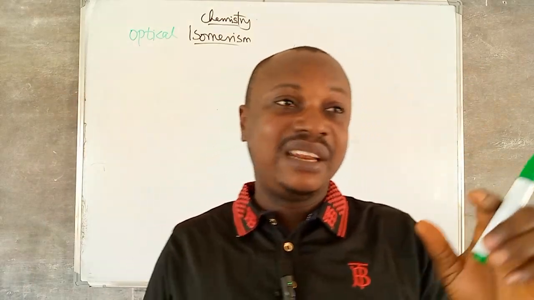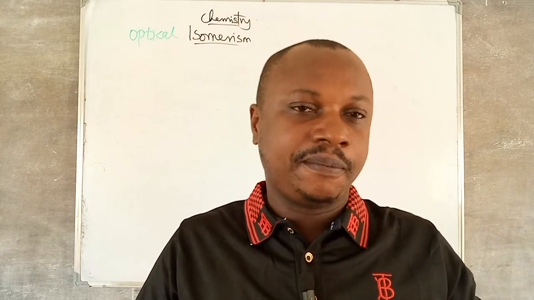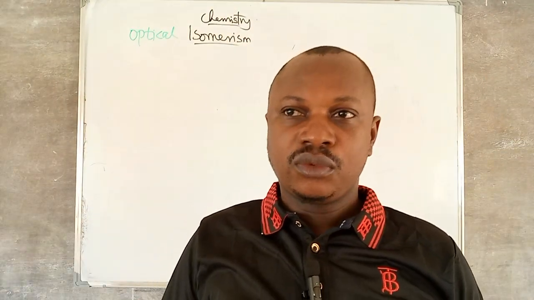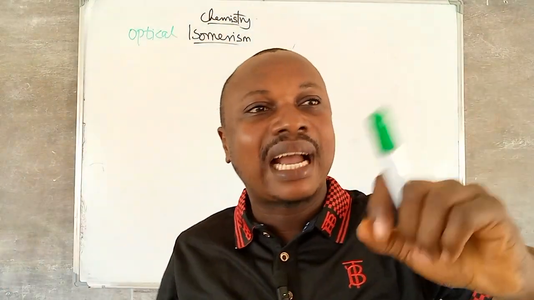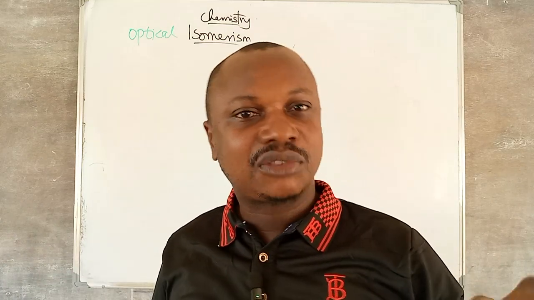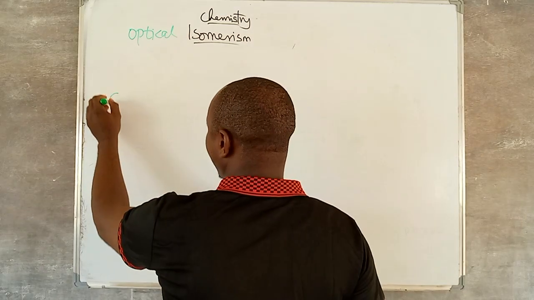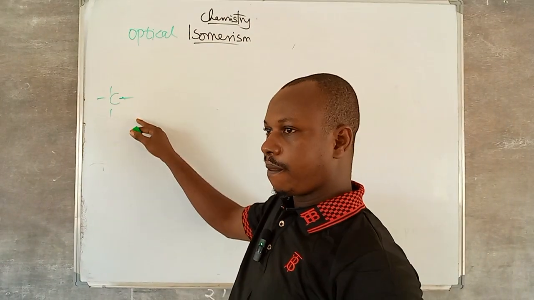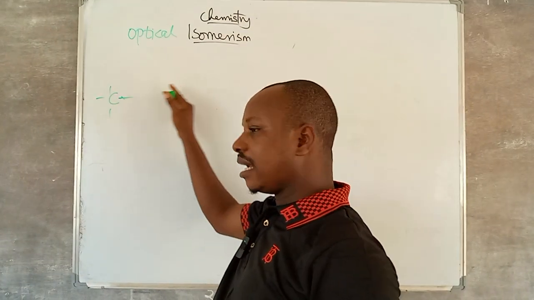Don't forget that the valency of carbon is tetravalent, which means it has the ability to bond with four different groups, even though it can bond with the same group. Carbon can bond with something here, something here, something here, and something here.